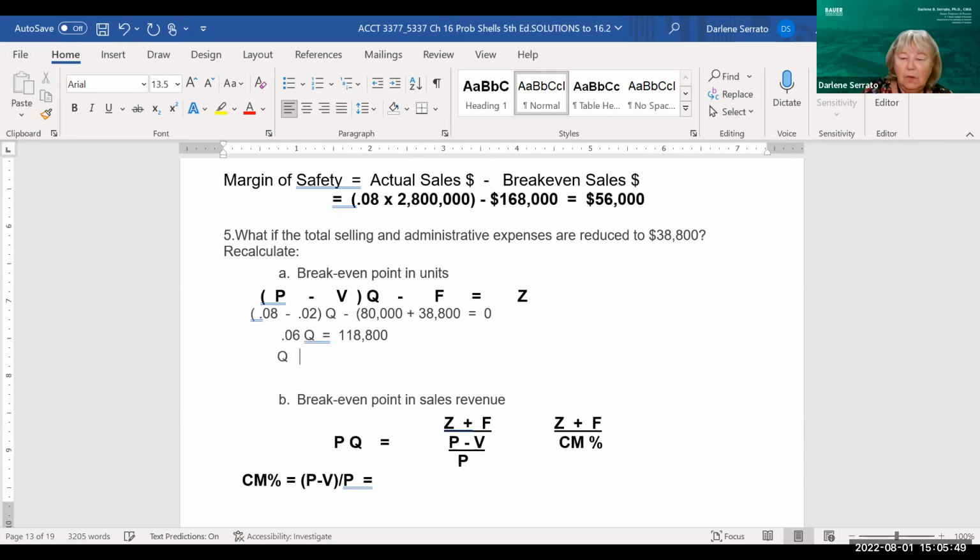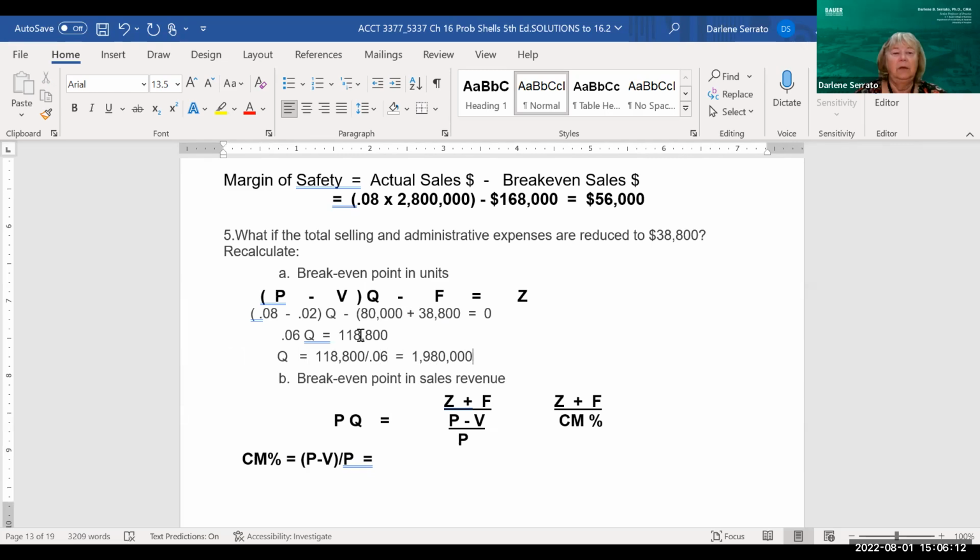So Q is equal to 118,800 divided by 0.06, should give us 1,980,000. Break even will go down because fixed expenses went down.